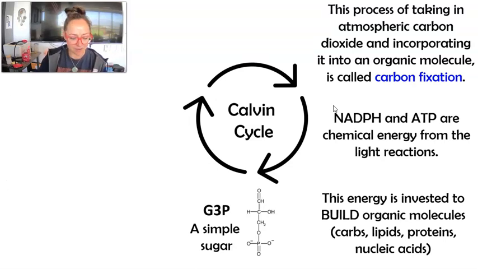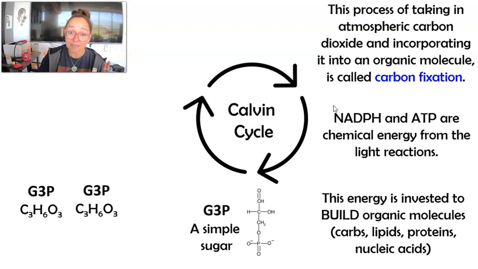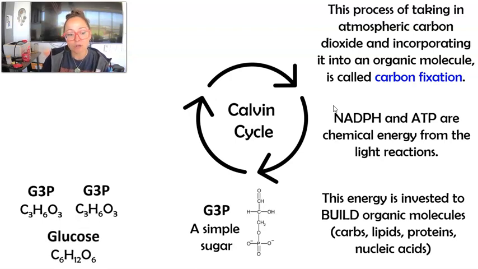But let's go ahead and talk more about this G3P. So if we take one G3P and another G3P and we add them together, well, that's glucose. So sometimes the Calvin cycle is referred to as, the Calvin cycle makes glucose. Kind of true. One turn of the Calvin cycle makes a small sugar called G3P, and 2 of those G3Ps form glucose.